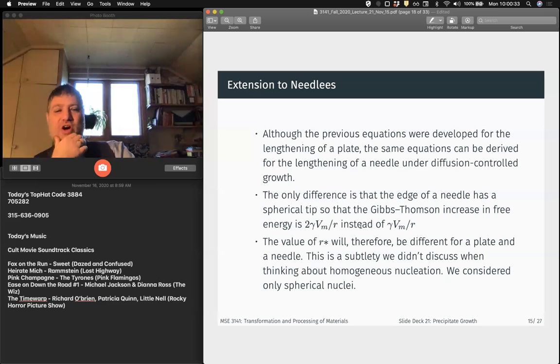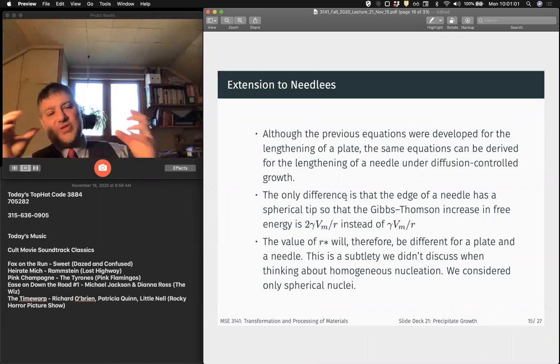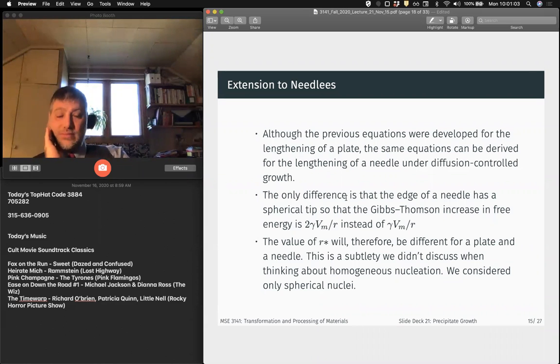So our R star values are a little different in that case, but this is a subtlety. We only really considered spherical nuclei when we talked about homogeneous nucleation, because you get essentially all of the physical insight from there. So the trend of linear growth is the same. It's just we're going to have a different sort of scaling out front.